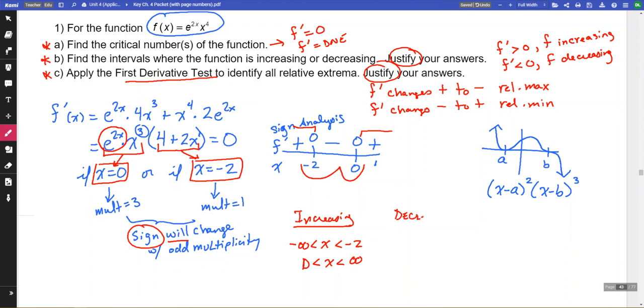So then we are decreasing if x is between negative 2 and 0. So let's write that a little bit more neatly.